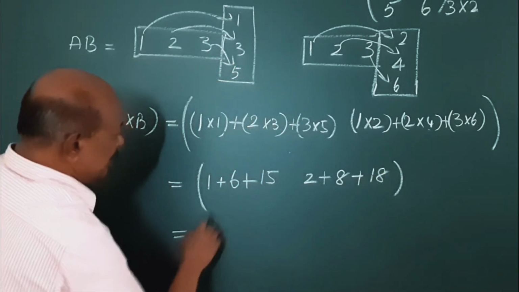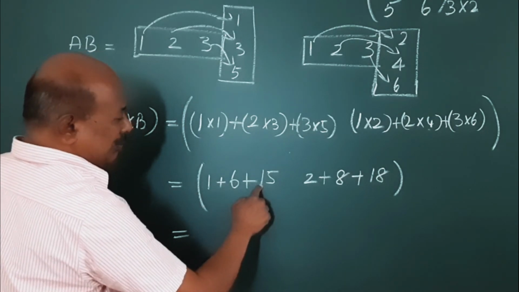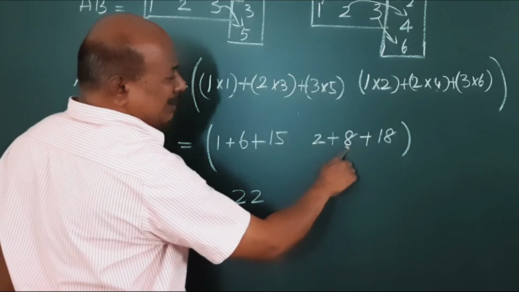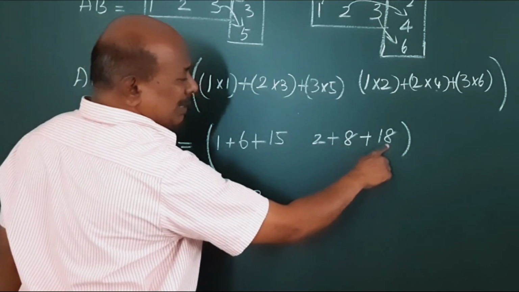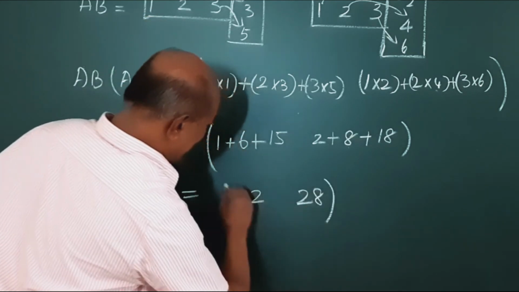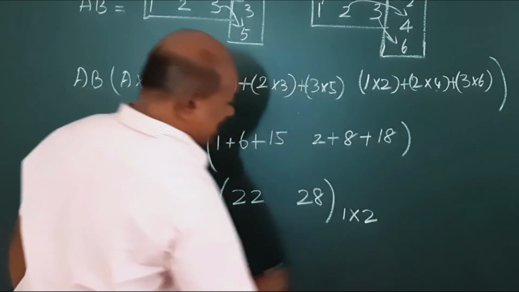That is 1 plus 6, 7, 7 plus 15, 22, 2 plus 8, 10 plus 18, that is 28. The answer is a 1 by 2 matrix.